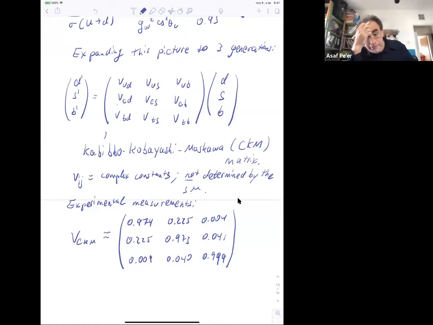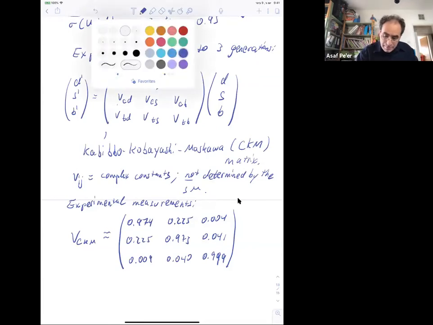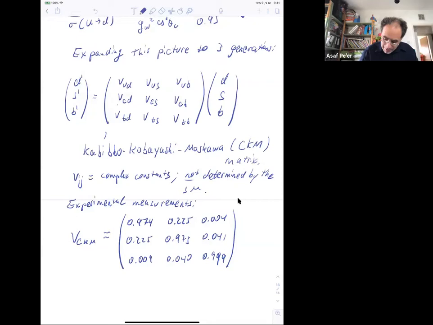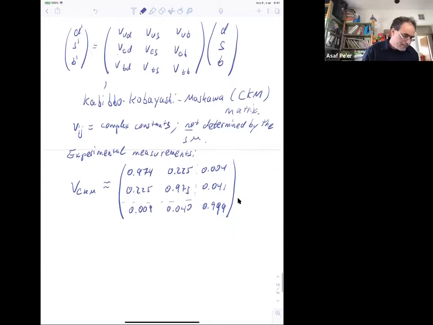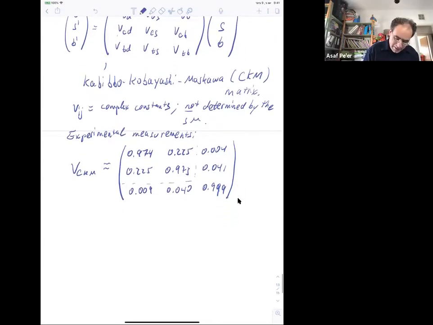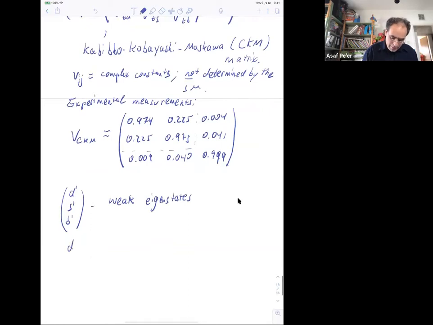Now, if we just take the first two rows, it's 2 by 2, and we get back the Cabibbo matrix. Now it is said that D prime, S prime, and B prime are called weak eigenstates, and the D, S, and B are known as the mass eigenstates.